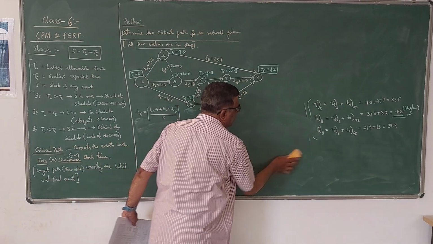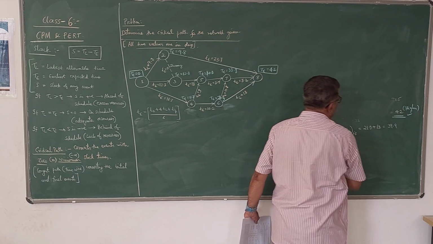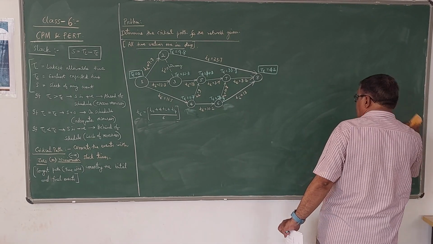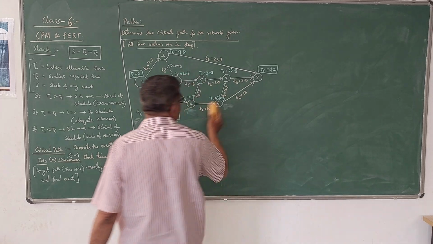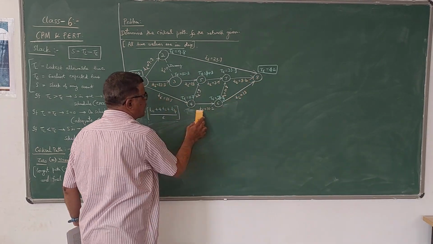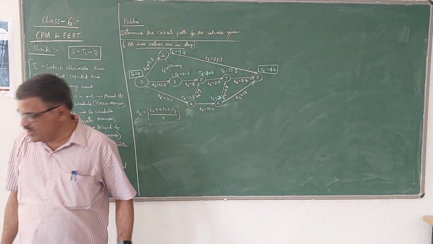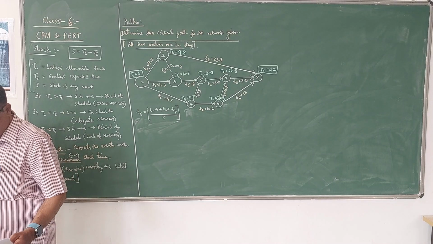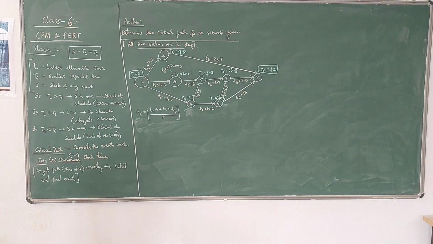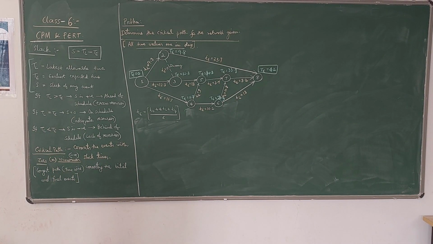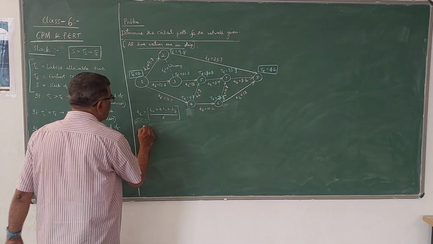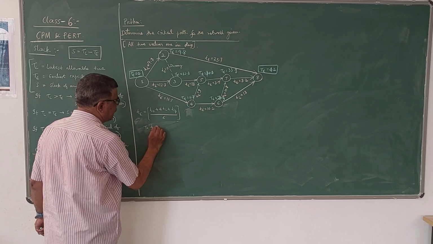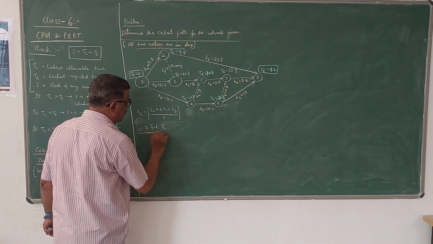For finding the TL values, we have to move in the reverse order. That means we have to start from event 8 and move backwards. Backward process. Now let us see how we can find out the TL values. Now the formula is different.